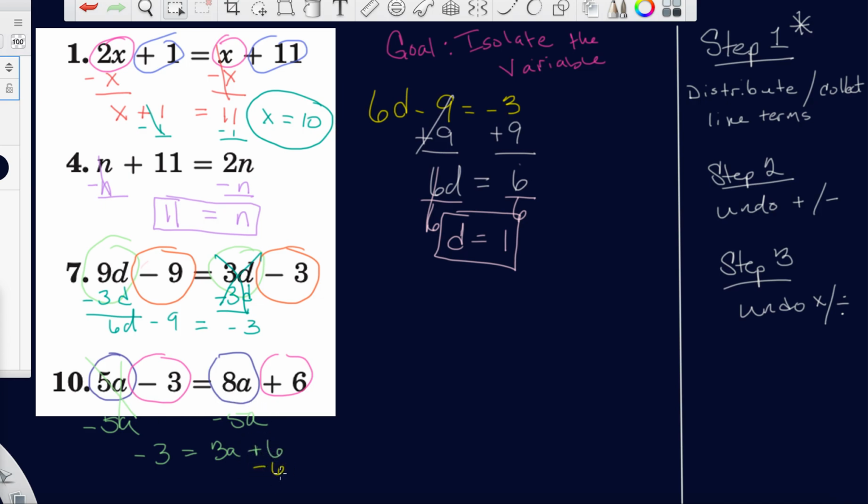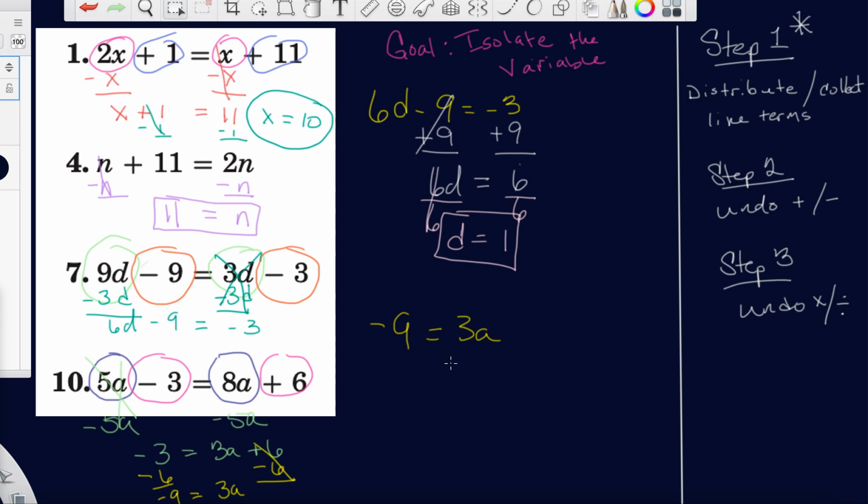How do we do it? We just show the opposite, minus 6 on both sides. We have negative 9 equals 3a. I'm going to rewrite it over here: negative 9 equals 3a.